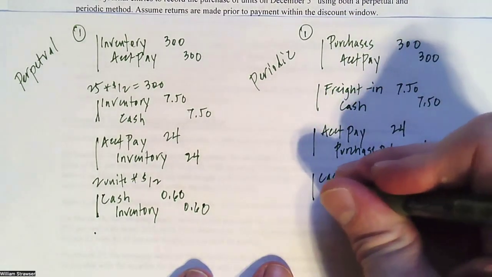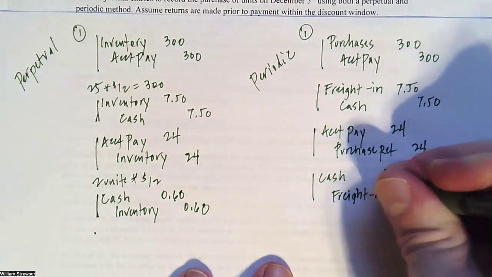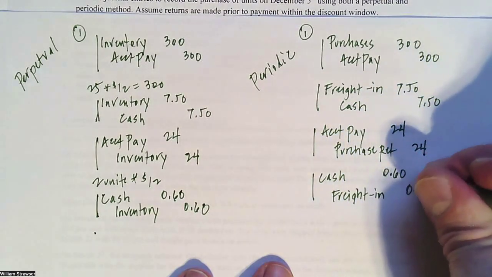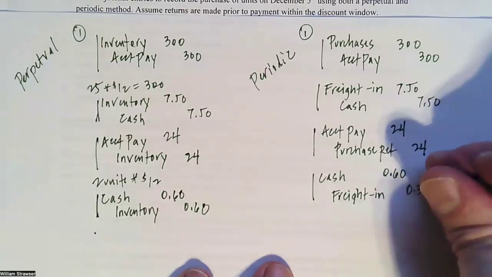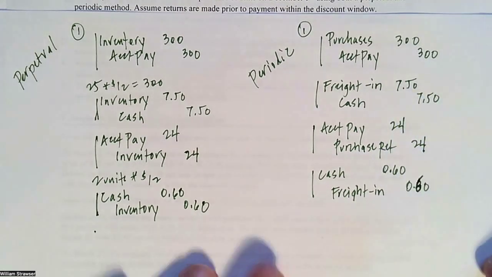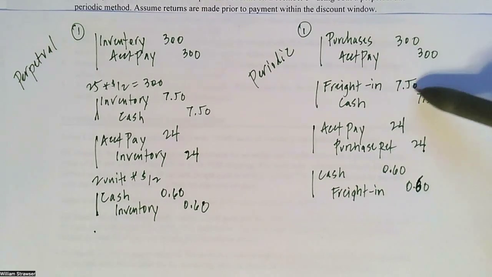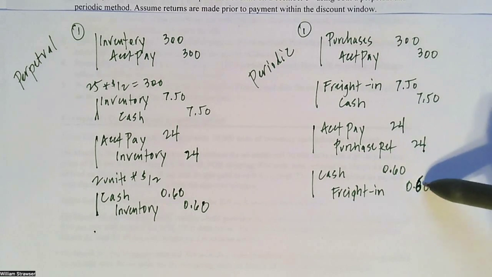But instead of crediting inventory, now I credit where I debited for the freight before, which is freight in. Oops, sorry, not 30 cents, but 60 cents should be credited. Six. Try to make that an obvious six, right? Because now we had embedded those 2 units along with the rest. But if we're not keeping them, then it shouldn't be in our inventory system.